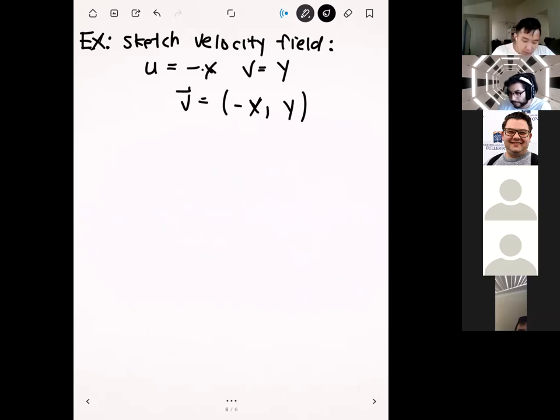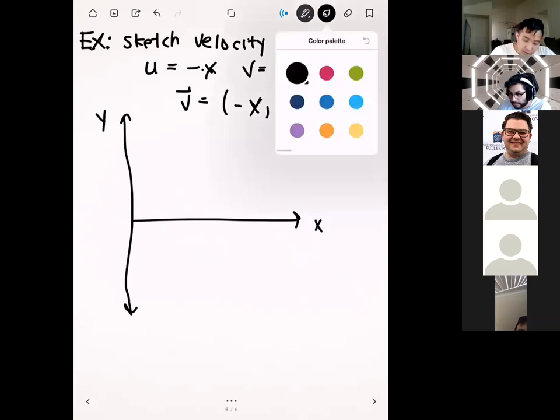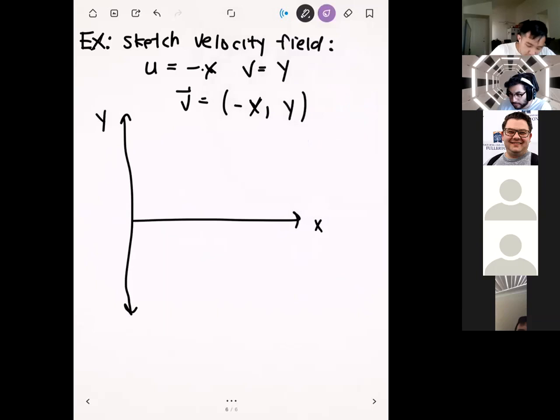Okay, so let's plot this field. Just like in the Eulerian viewpoint, we're going to do this at fixed locations.